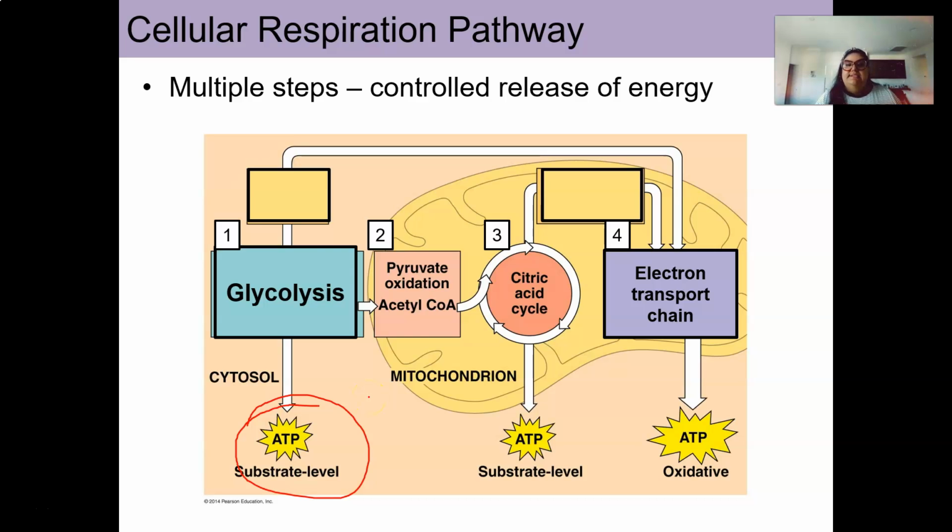So we're going to break this down by each step. We're going to go step by step: glycolysis, pyruvate oxidation, citric acid cycle, and then electron transport chain. So come back to the next video and we will start with glycolysis.